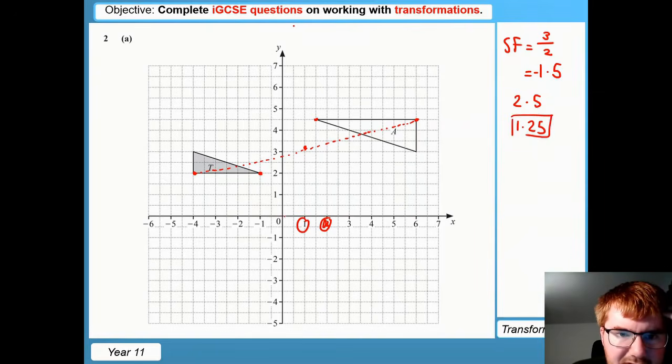That's going to be at 0, 2.25, and if we're working upwards, it's the same as before, between 2 and 5, so it'll be at the same height.